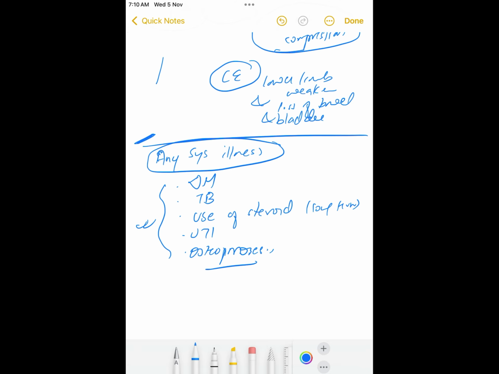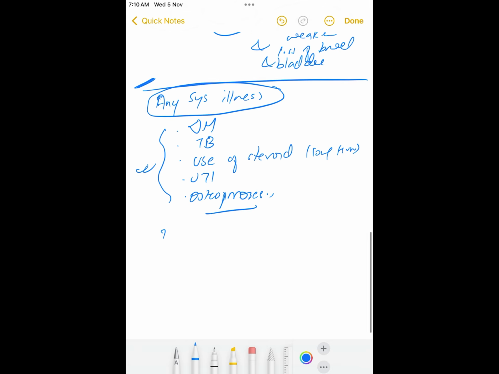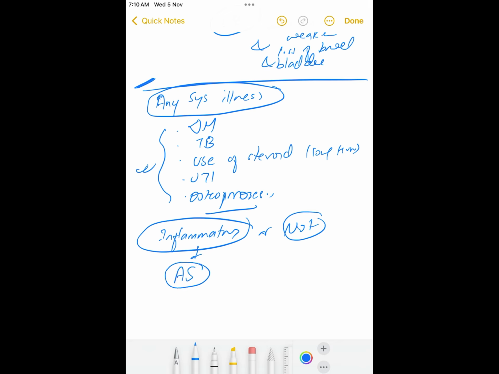After that, the third thing is whether the low back pain is likely to be inflammatory or not. Inflammatory type of low back pain, as we see in ankylosing spondylitis, is mostly night pain with early morning stiffness.